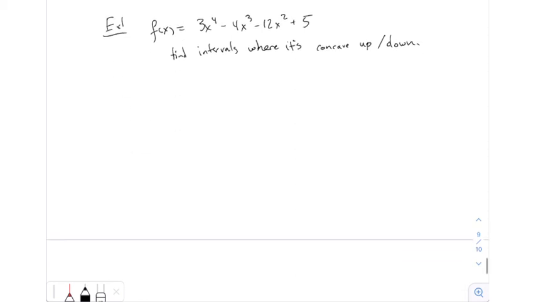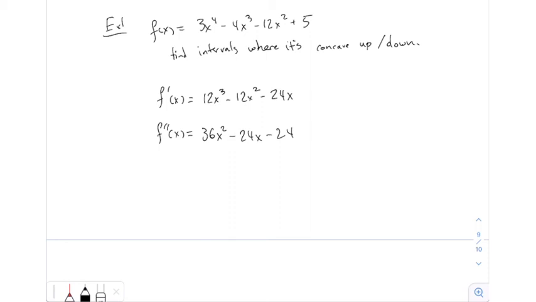So my first step will be to find the second derivative. You can't find the second derivative all at once. The only way to do it is take the derivative first, and then take the derivative again. So f prime of x is 12x cubed minus 12x squared minus 24x. Remember that guy? And then take the derivative again. I don't care about the first derivative at all in this problem. I care about the second derivative. So this will be 36x squared minus 24x minus 24.